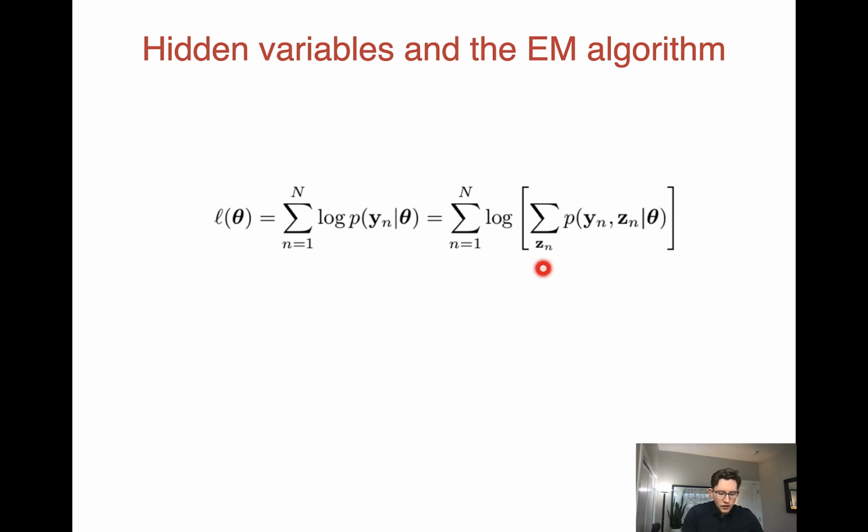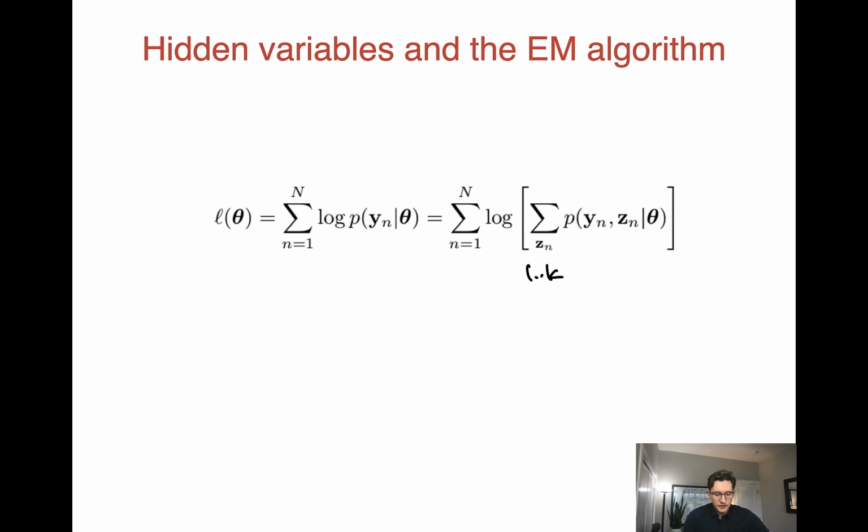We have to sum over all the possible values of z, in this case z n, because this is for the nth example. So for example, if this were a clustering problem, z n would be one of the k clusters, so this would be a sum from 1 to k.